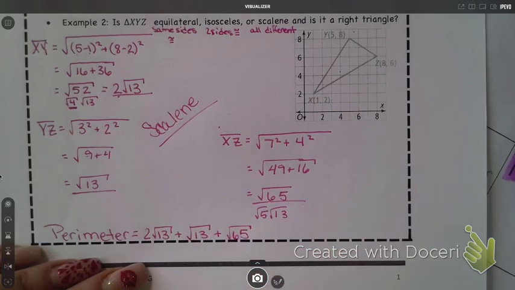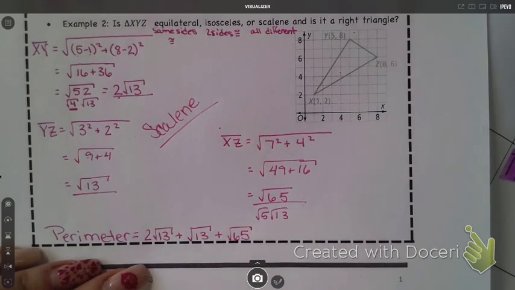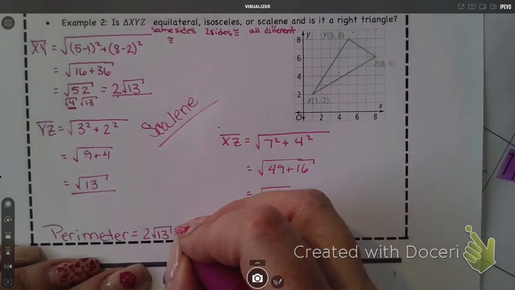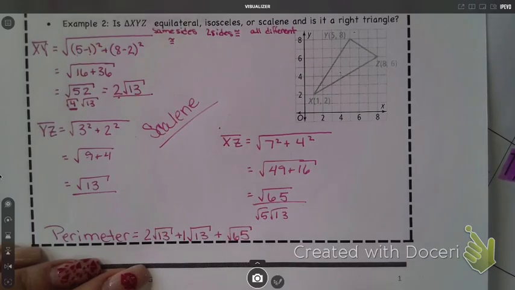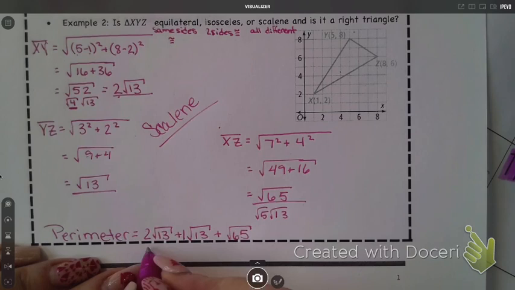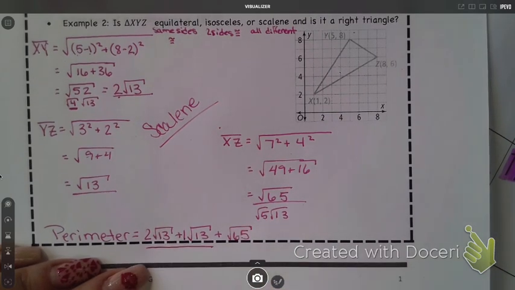So can I just add these all up? No. You can add the square roots. Aren't there one on the outside? There is a 1 right here. Can I add all the square roots? No. I can only add what? The 13s, right? They have to be the same, don't they?